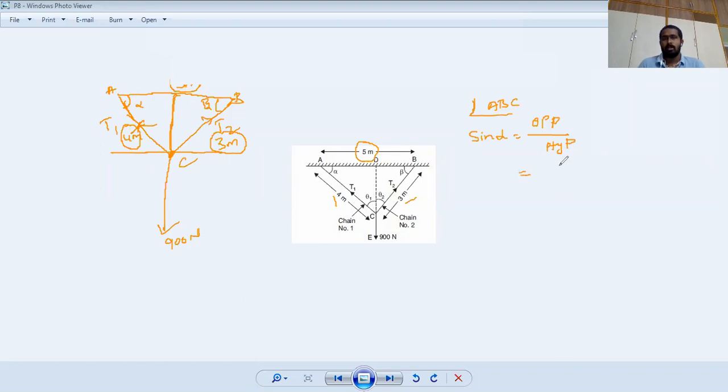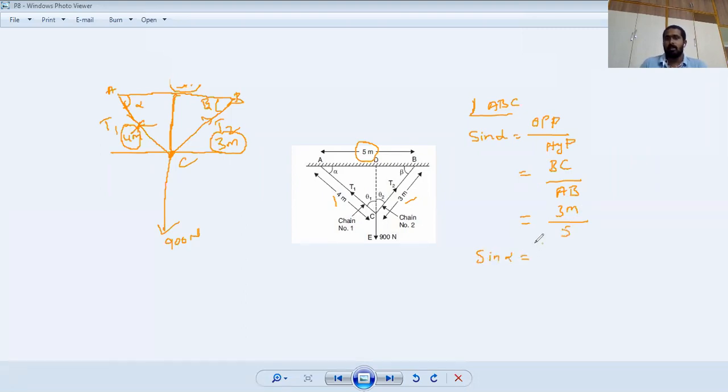It is BC divided by the hypotenuse AB. What is the value of BC? 3 meters, divided by AB, 5. Okay, sine alpha is equal to 3 by 5.